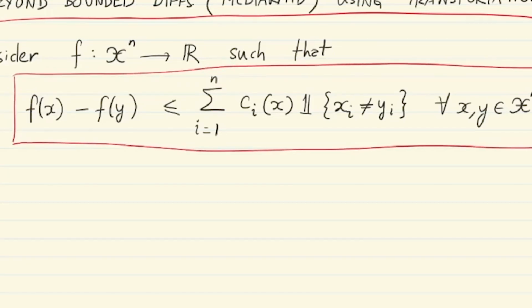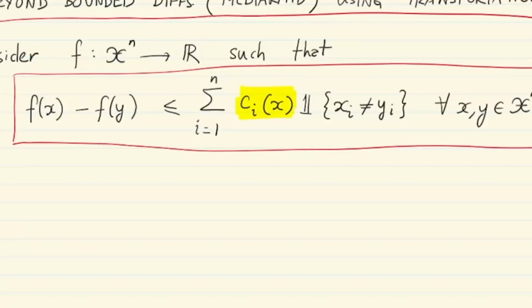So note that if c_i of x, the ith coefficient as a function of the entire vector x, does not depend on x, but is just some constant c_i, then this is exactly the bounded differences property satisfied with the vector c_1 up to c_n. However, we are being more flexible in that the sensitivity at the ith coordinate, if there is a difference, depends on c_i of x, and that c_i can depend on x.